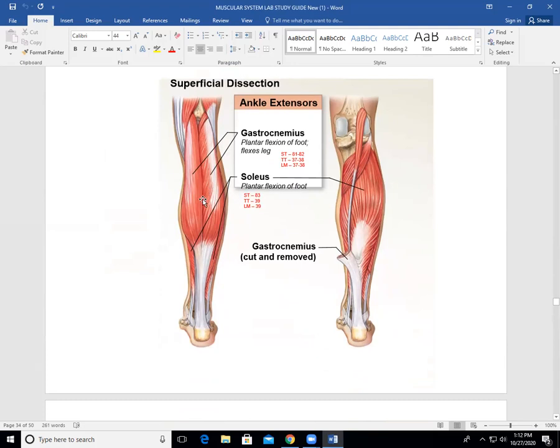Here's another view, gastrocnemius, involved in plantar flexion, also involved in flexing the leg. Soleus, deeper, more distal, also involved in plantar flexion. Here you can see, after the gastrocnemius has been cut and removed, a good view of the soleus.